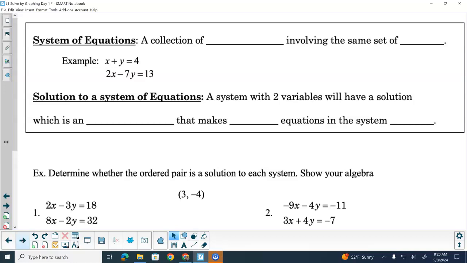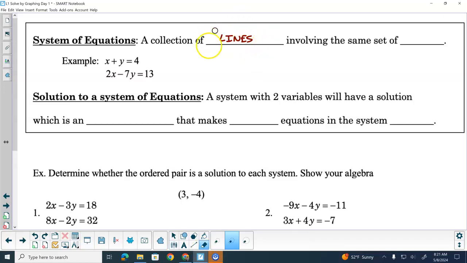So a system of equations is a collection of lines involving the same set of, actually, excuse me, wait. Hold on, tap the brakes. I don't want to say it that way.